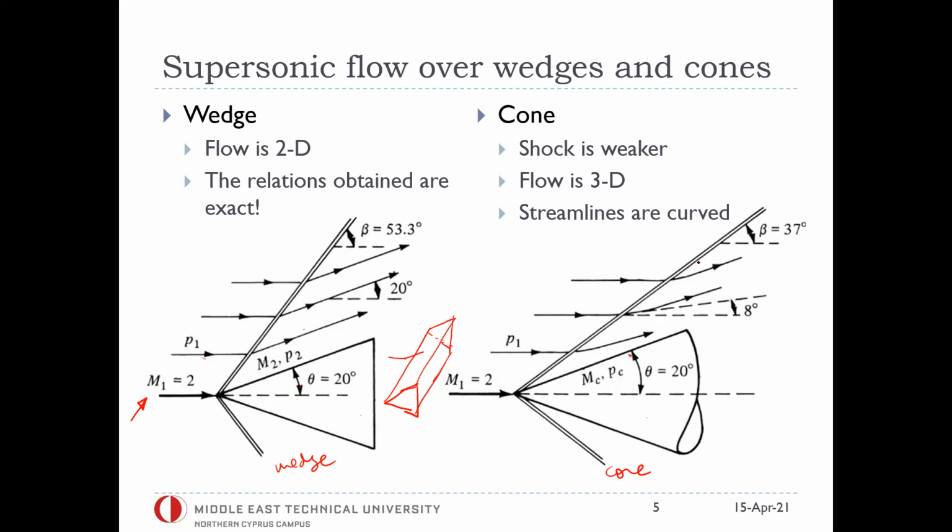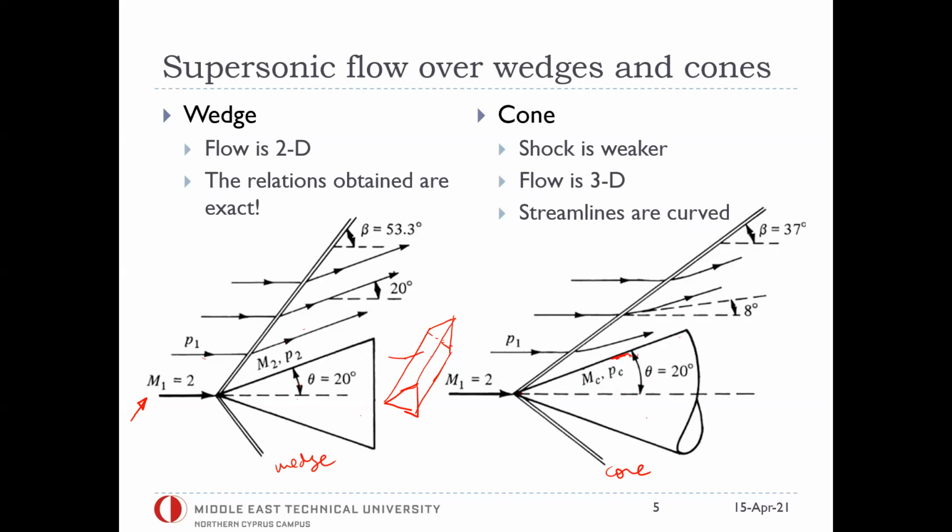But a cone has more complicated flow physics, meaning that first of all, it's a three-dimensional shape, so that makes the flow around it three-dimensional. Basically what happens inside a cone is, for example, this surface is at 20 degrees, right?